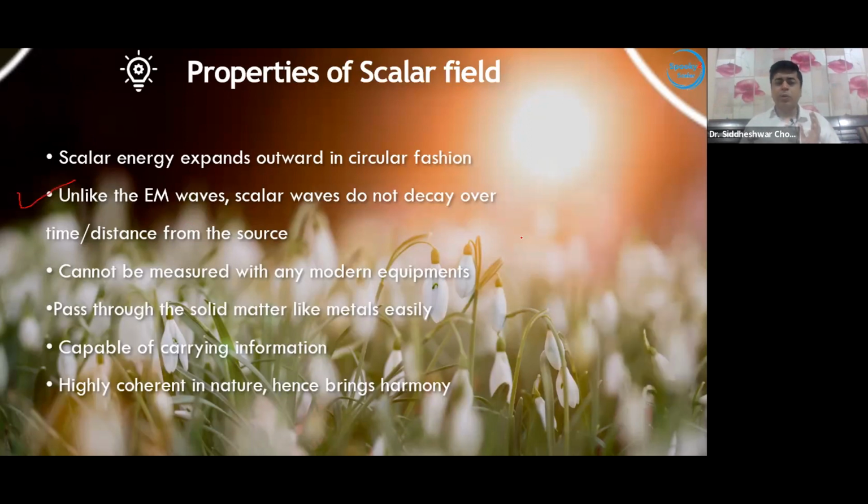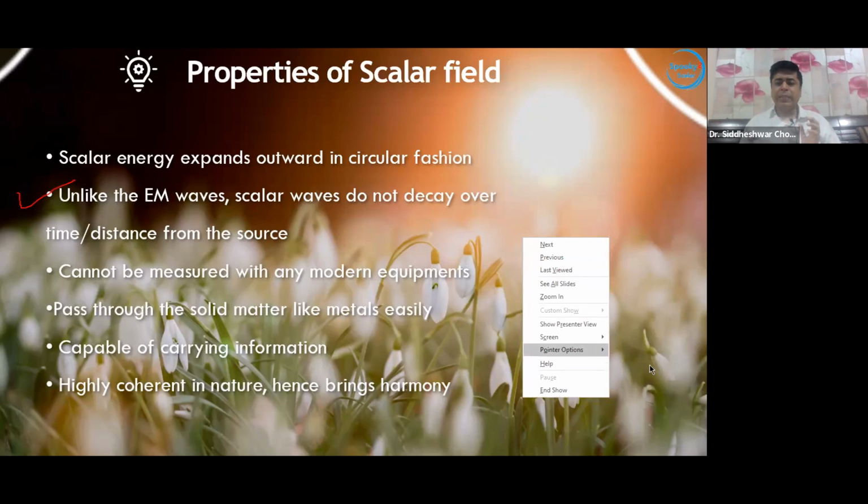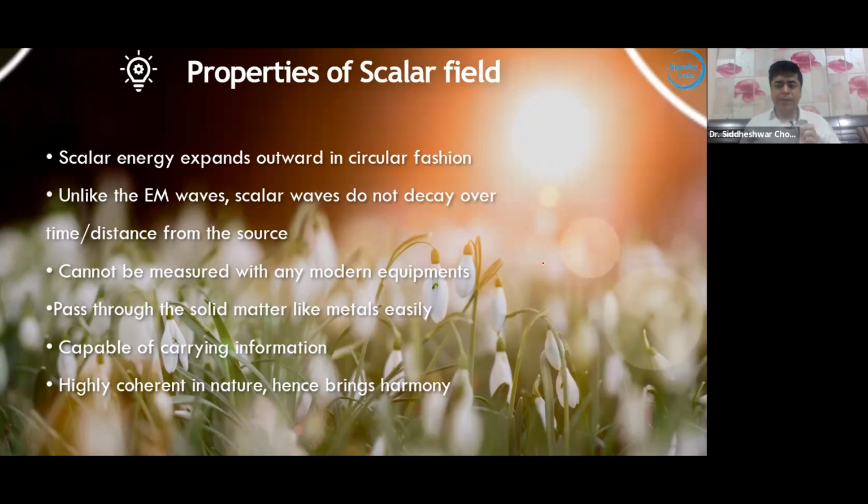Unlike electromagnetic waves, scalar waves do not decay over distance from the source. We'll see that in the diagram again in future. It's very important to understand that this is the main difference between normal electromagnetic waves and scalar waves.